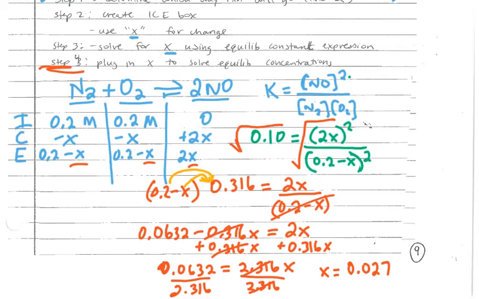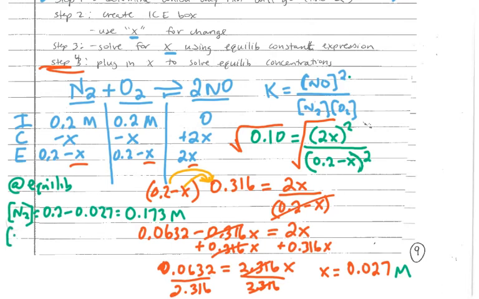So at equilibrium, the concentration of N2 is 0.2 minus x, x is 0.027, and this is molar, it's a concentration. So we get a concentration of 0.173 molar at equilibrium for the nitrogen.